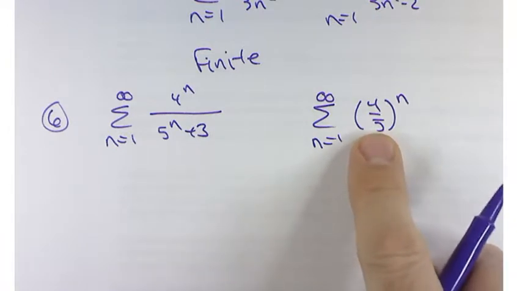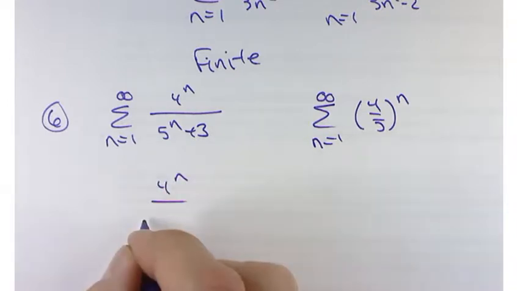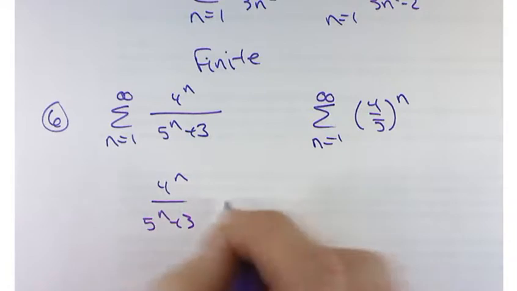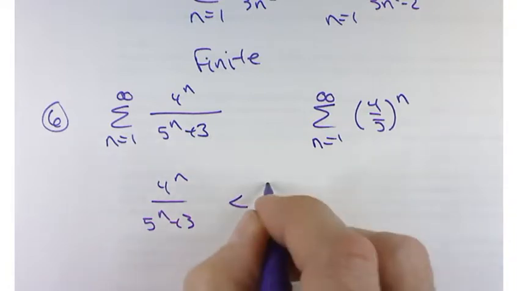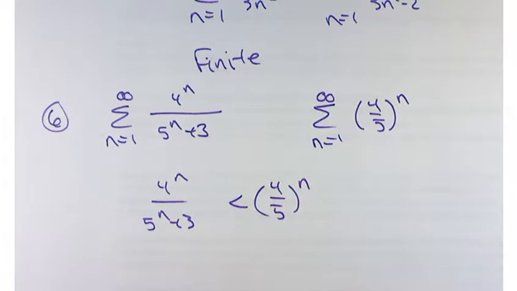So, wow, there's more good news. 4 to the n over 5 to the n plus 3 is less than 4/5 to the nth power. Perfect.